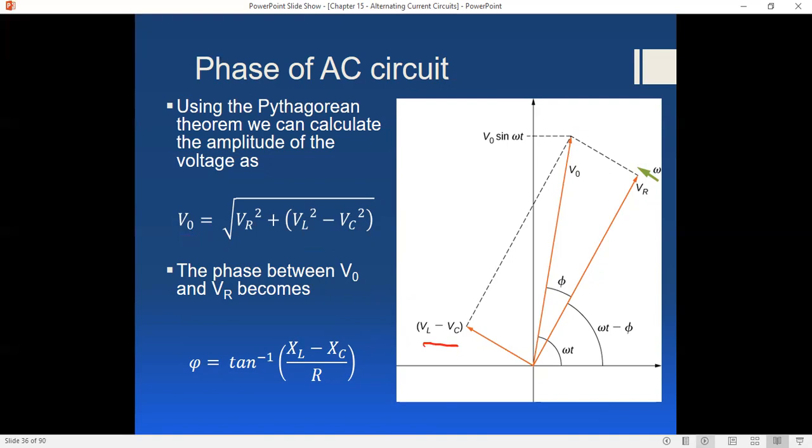Because it's 90 degrees out of phase with VR, I then use the Pythagorean theorem to find out the resultant of the two, and that gives us this V0.